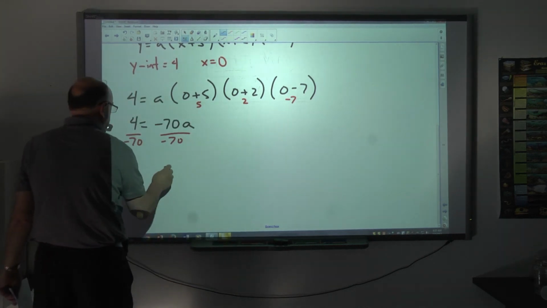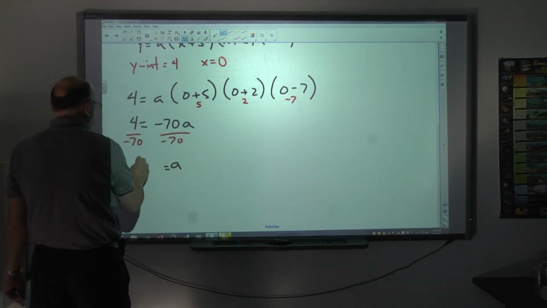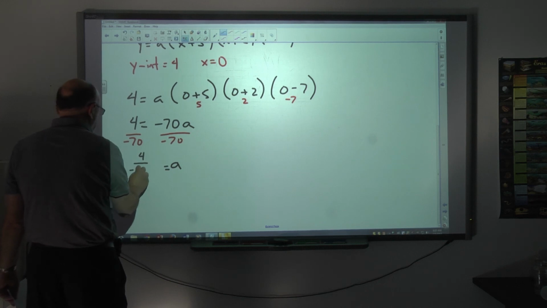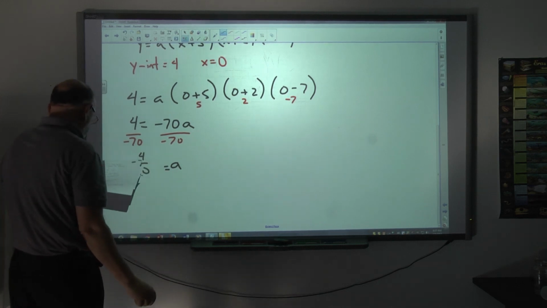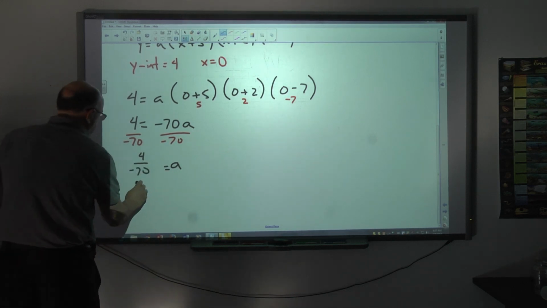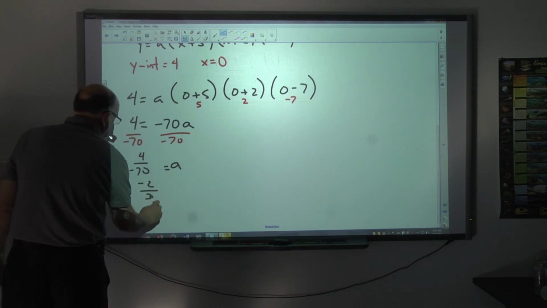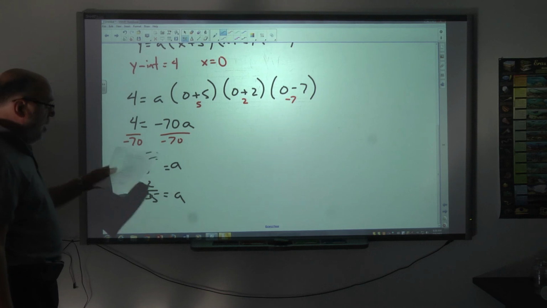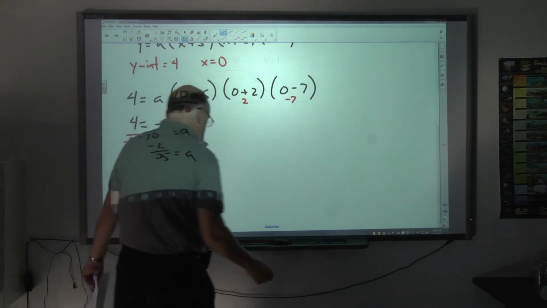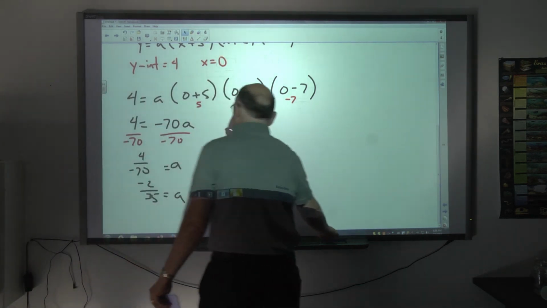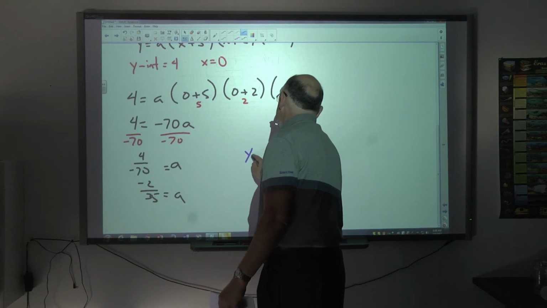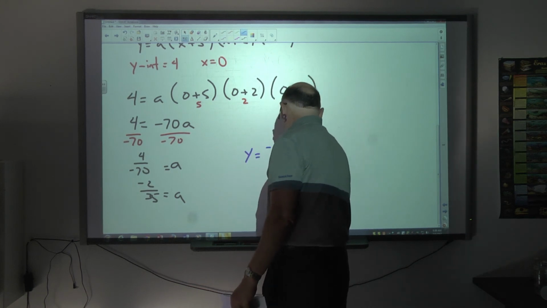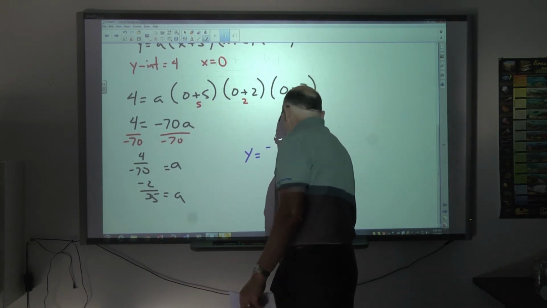And so a is going to be 4 over negative 70, which can be reduced to negative 2 over 35.